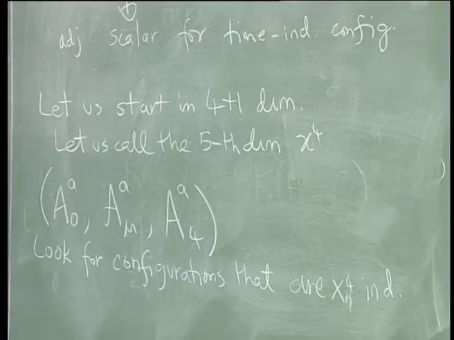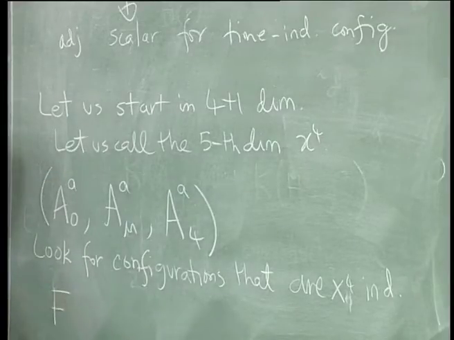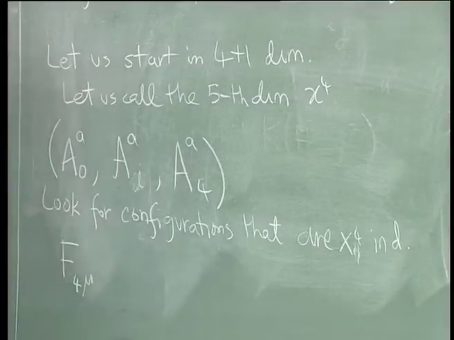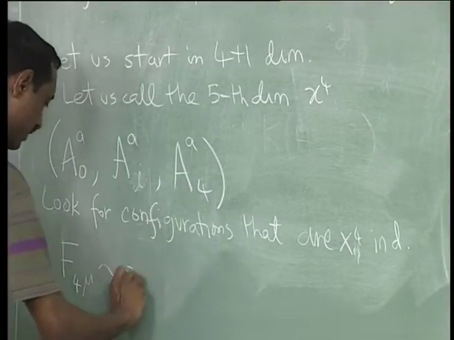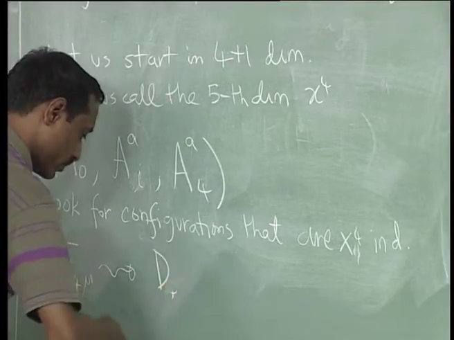Okay. So again we will do what we did there. We can look at something like F4 of mu, and this will start looking like d mu of A4.